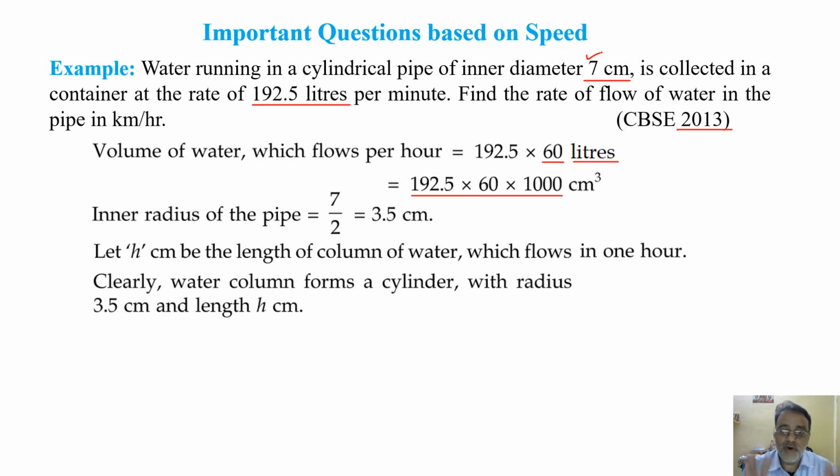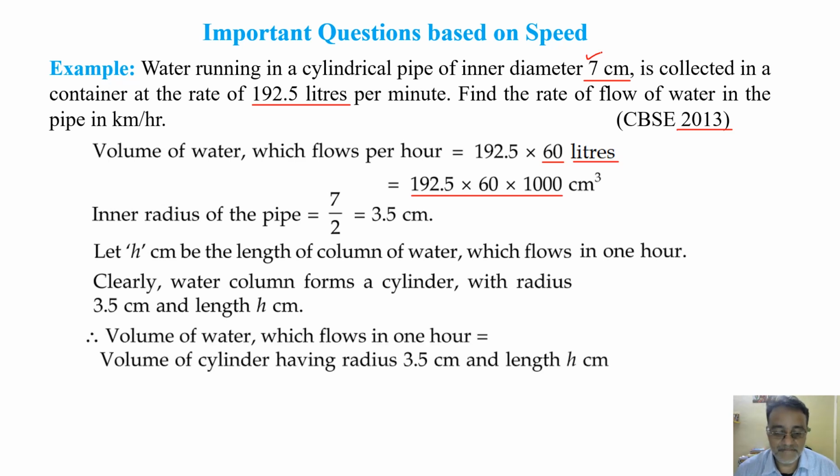So volume of water which flows in 1 hour will be equals to volume of cylinder having radius 3.5 centimeter and length h centimeter.